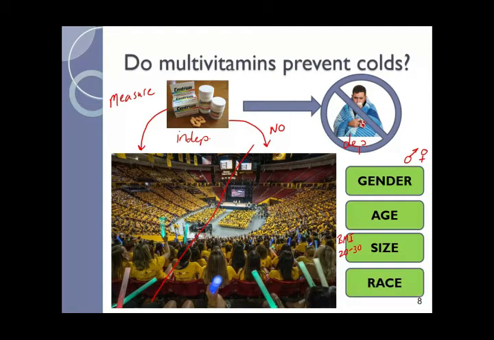Race, again, we could accept people of just one race, or if we accept a diversity of races, then again, make sure that both of these sides are equally represented. We don't want only people of color in this group and only white people in this group, or any other combination. We want to make sure it's pretty even. If we have a large enough sample size, that takes care of it. I'm not sure how many people are in this group, but I'm thinking it's several thousand individuals.